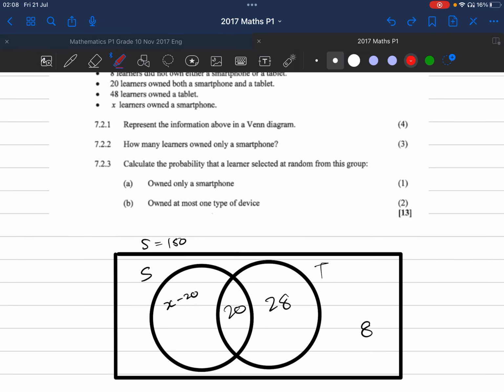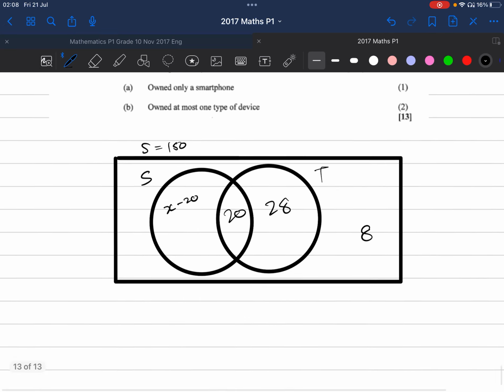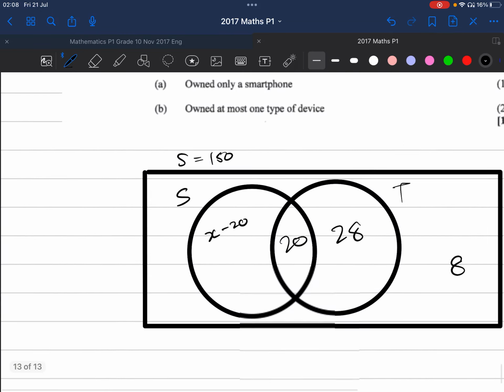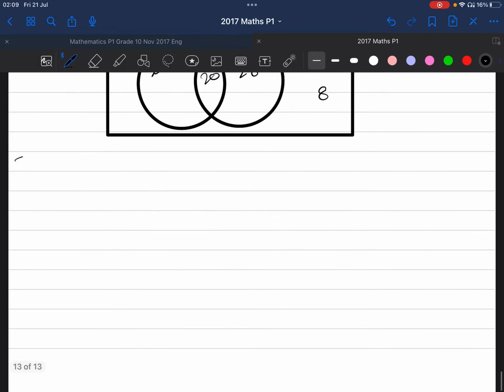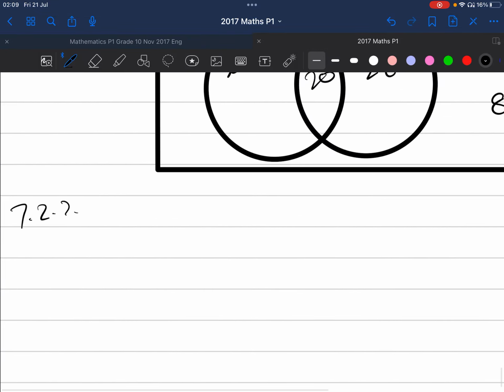Let's look at the next question now. How many learners owned only a smartphone? Okay, so that's that X minus 20 figure. This is 7.2.1, 7.2.2 now. If you think about this, we have 150 people in total.